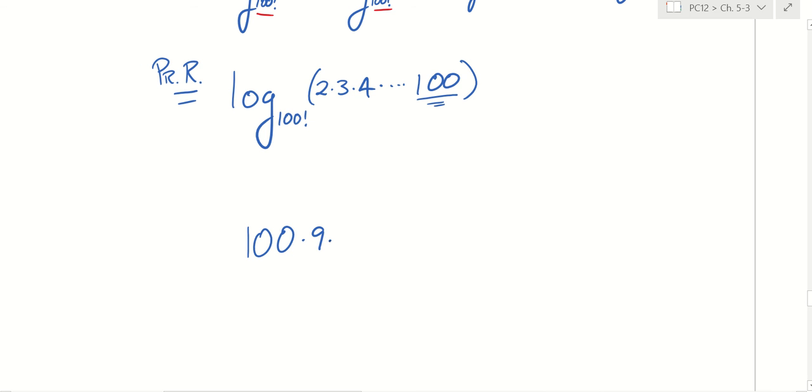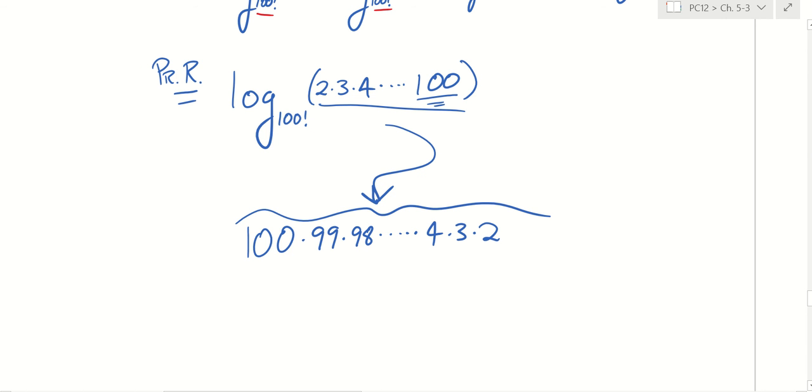It would be 99. Oops, 99. And what would be the next number after that? It would be 98, and so on. And until we get to 4, 3, 2, and so on, just 1. So there we go. So this is actually what we have as our input.